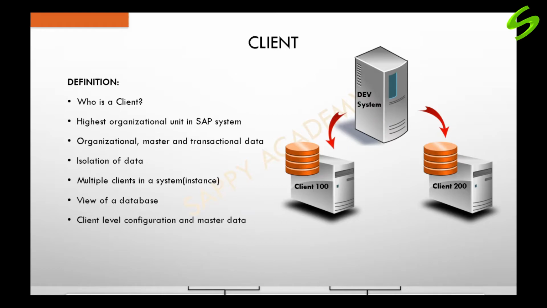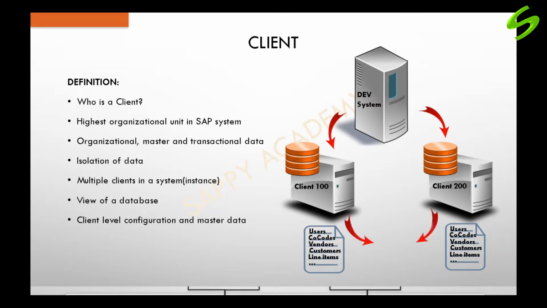So you can see we have one dev system, and under this dev system we have two clients, client 100 and client 200. And under each client we have separate user master records, company code data, vendors, customers, and business transaction data.